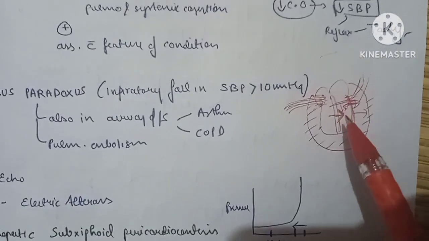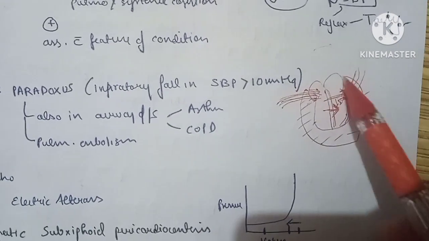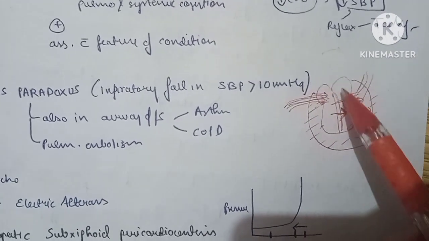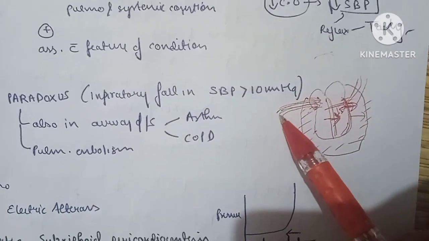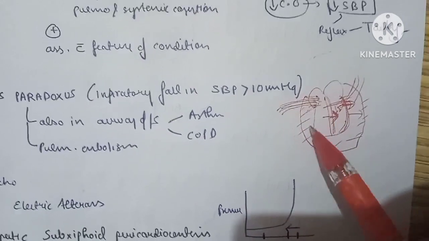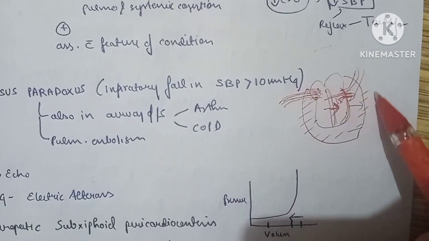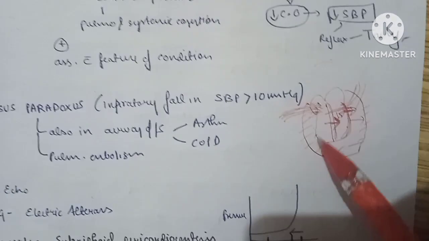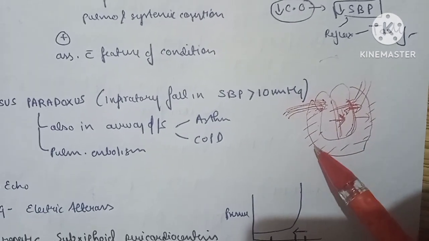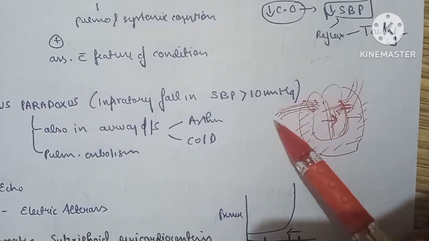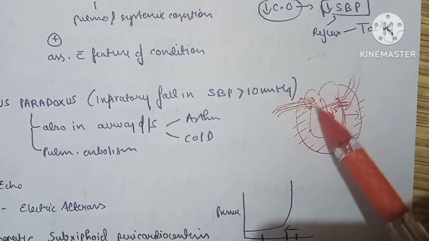So we were saying that if this is the heart, and we have this right side and this is the left side, during inspiration the intrathoracic pressure becomes negative. This negative intrathoracic pressure is transmitted to the heart, so there is negative intracardiac pressure. Because of this, the right side receives more venous return.